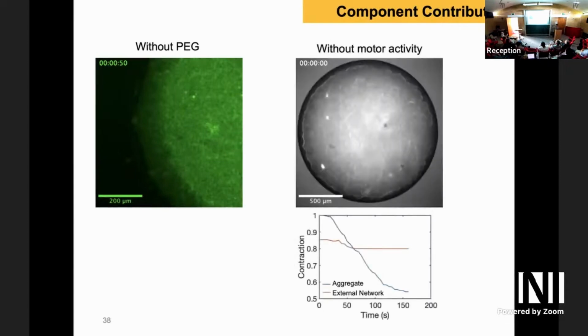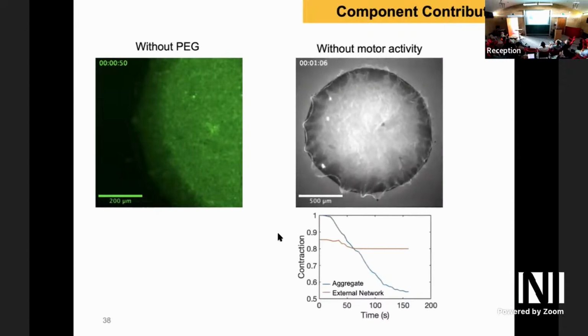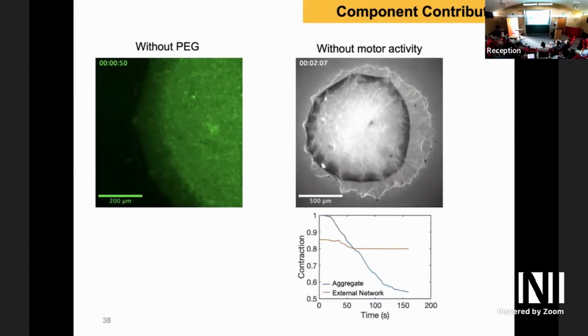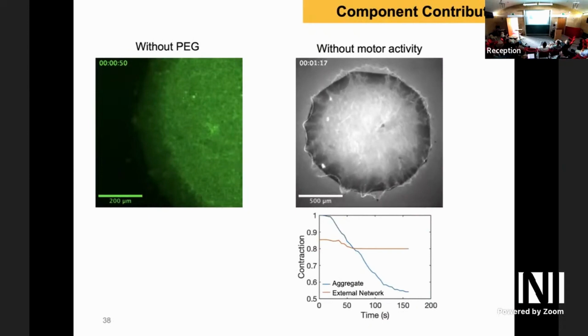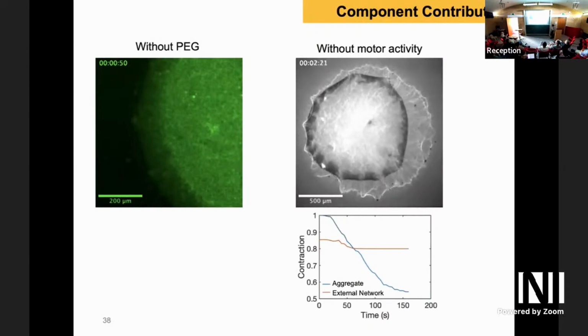But the best example you can see is if you remove the activity of the motors. When you don't have the activity of the motors, you see this very peculiar behavior.